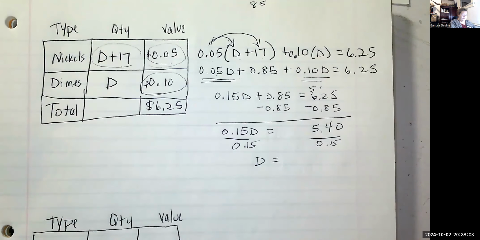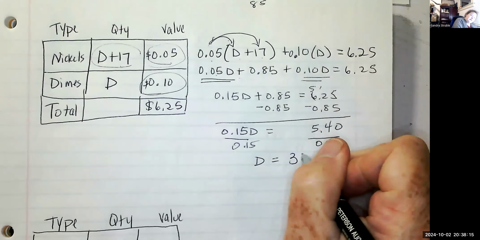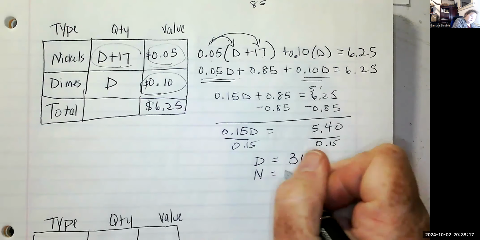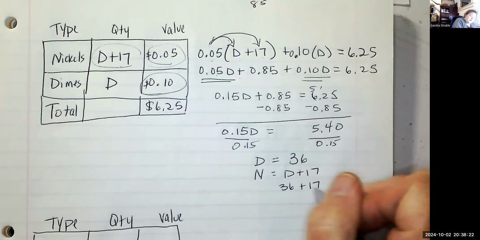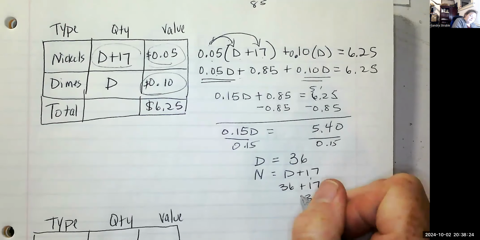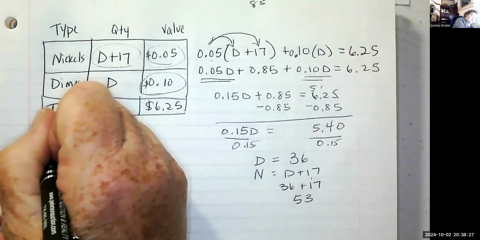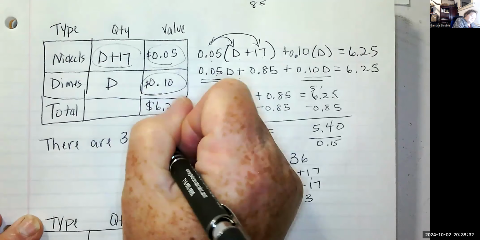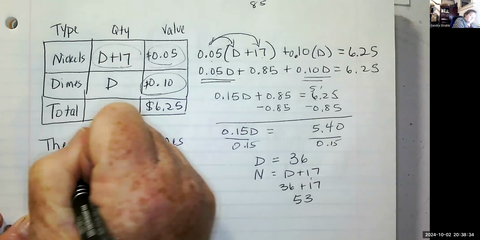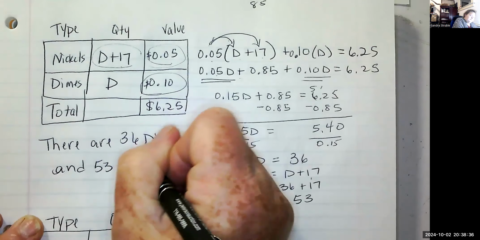I'm going to use a calculator for this. 540 divided by 0.15 is 36. So there are 36 dimes, and nickels are dimes plus 17, which is 36 plus 17, 53 nickels. So there are 36 dimes and 53 nickels.